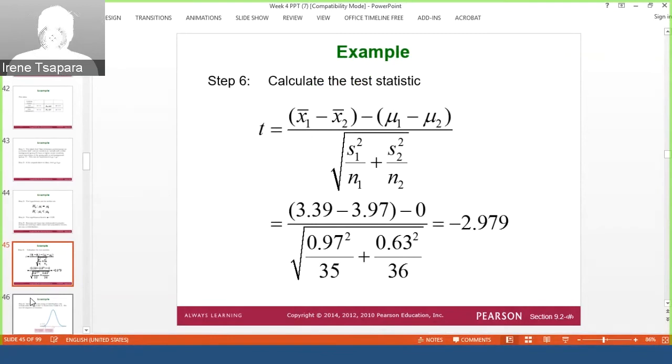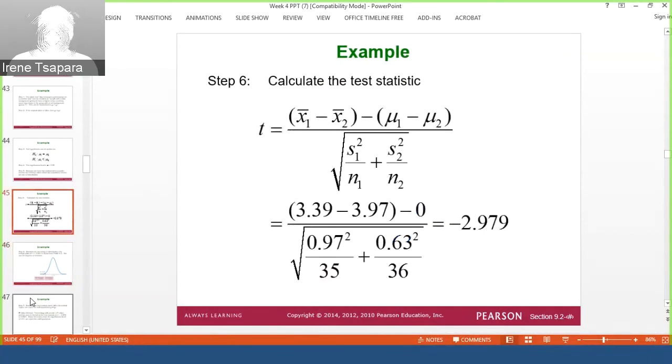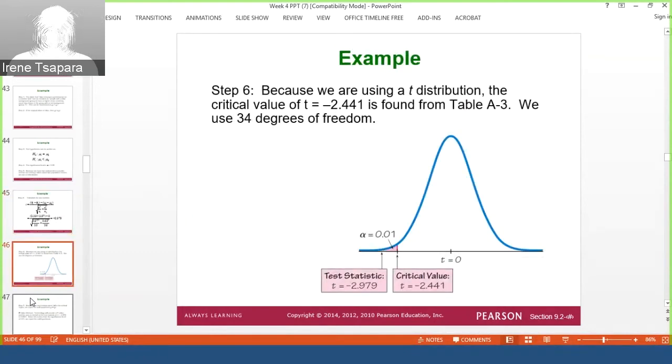We calculated the statistic, just plugging in the values, and we find the test statistic to be negative 2.979. Now we calculate the corresponding critical value to be negative 2.441.